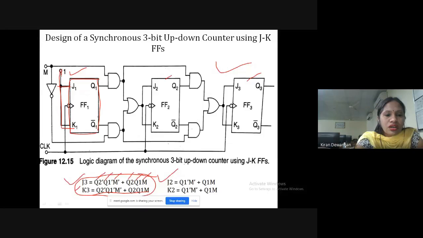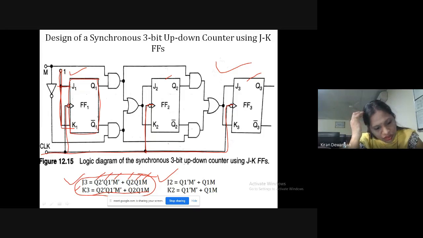First of all, we'll connect all the JK flip-flops with a common clock. This is my common clock, which is connected to the clock of all the flip-flops. It's a negative edge triggered clock. Clear? So it's a negative edge triggered clock which is connected to all the flip-flops. J1, K1 is given fixed 1.